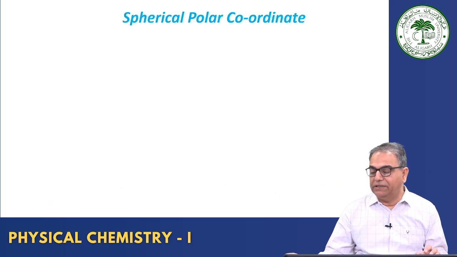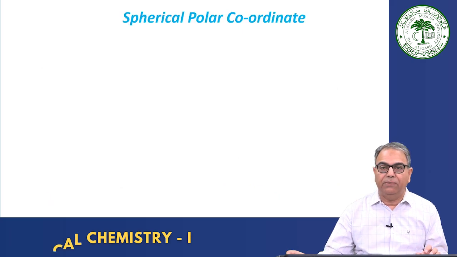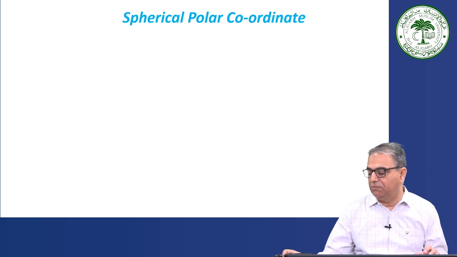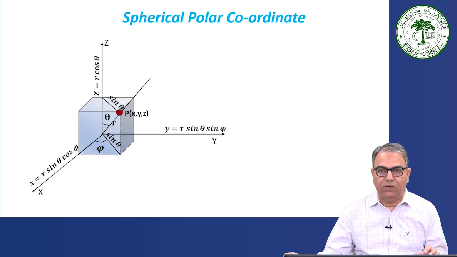Now I said that if we are talking about rotating diatomic molecules, since it is a rotation, we cannot show this rotation in Cartesian coordinates. So we will be converting the Cartesian coordinate form of the Schrodinger wave equation into spherical polar coordinates.